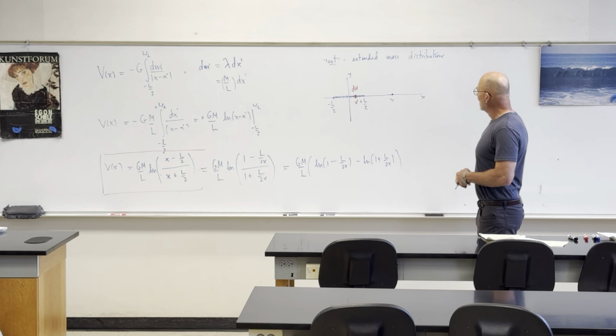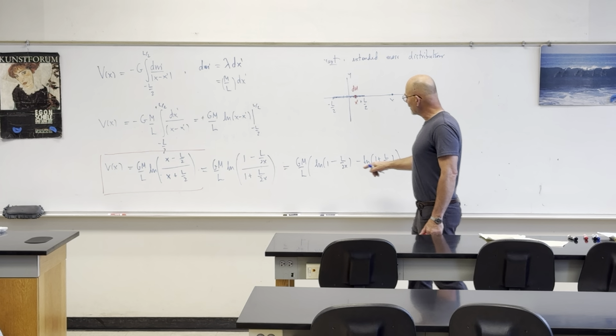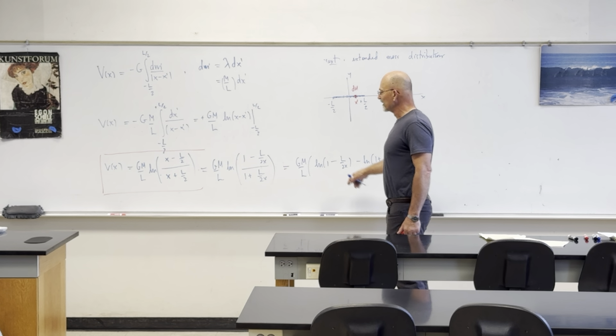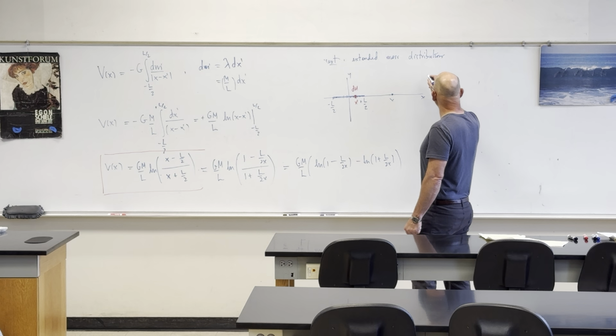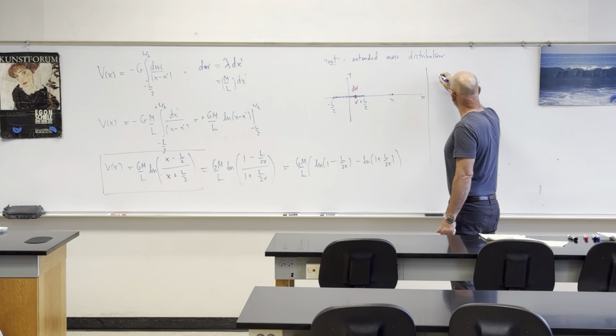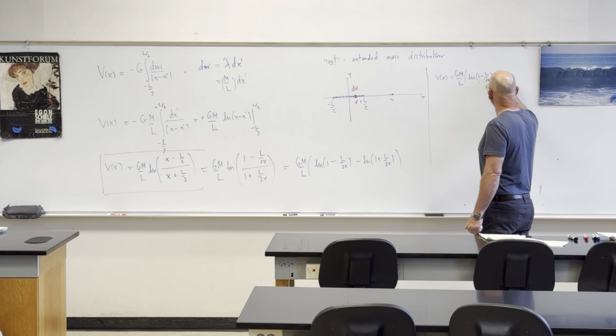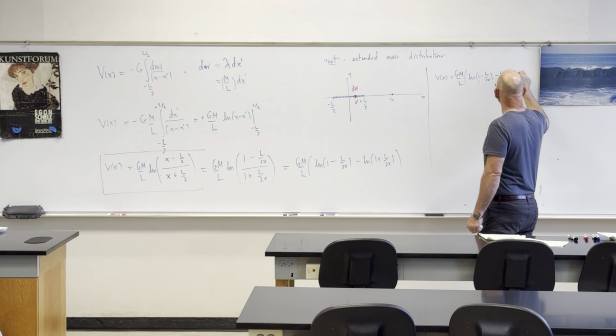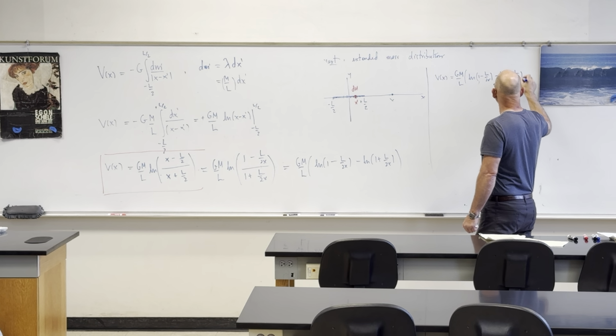So what we want to do is expand this for small L over 2x. I'm just going to write this out once more. So here's our result at the moment. V of x, GM over L, natural log 1 minus L over 2x, minus natural log 1 plus L over 2x. Good, so now we can clear this up.